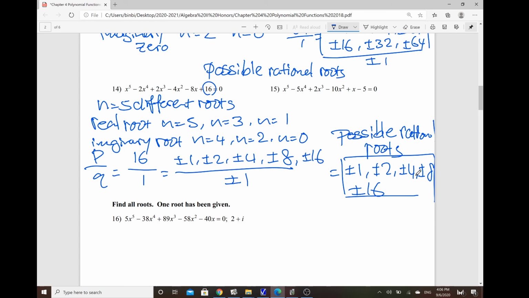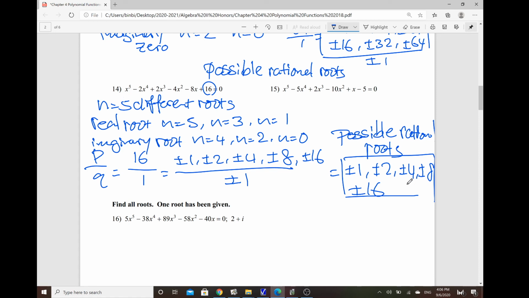So we're going to verify all those numbers, or perhaps one of those numbers, to find one of those real roots. Once we are able to verify it, we can find the rest of the roots by either factoring it or using the quadratic formula once we get down to quadratic. So you'll see that in a minute.